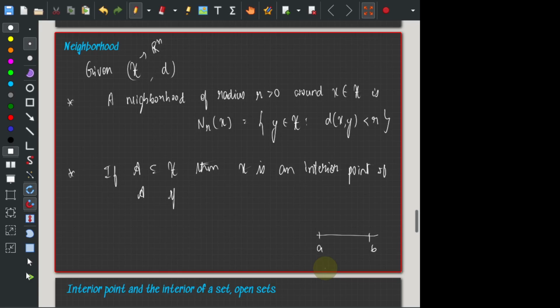As the term suggests, a point should be an interior point if there's some more room to go to the boundary, so you can find some neighborhood around X which is fully contained within the set.